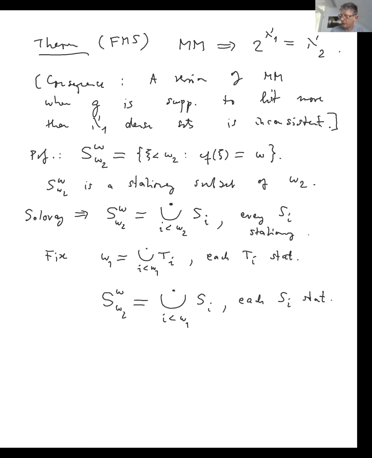Okay, now what we want to do is the following. So we fix your favorite subset of omega 1, and it should be non-empty. So remember that we want to count the number of subsets of omega 1. We want to show that 2 to the omega 1 is omega 2. And counting the subsets of omega 1 is the same as counting the non-empty subsets of omega 1. Okay, so we fix the non-empty subset X of omega 1, and the aim is to find an alpha.